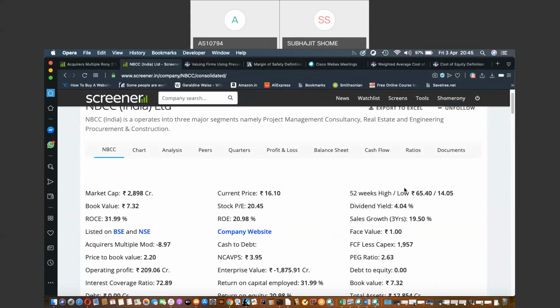Now calculate how much it is. 16.1 divided by 20.45 is about 0.78.